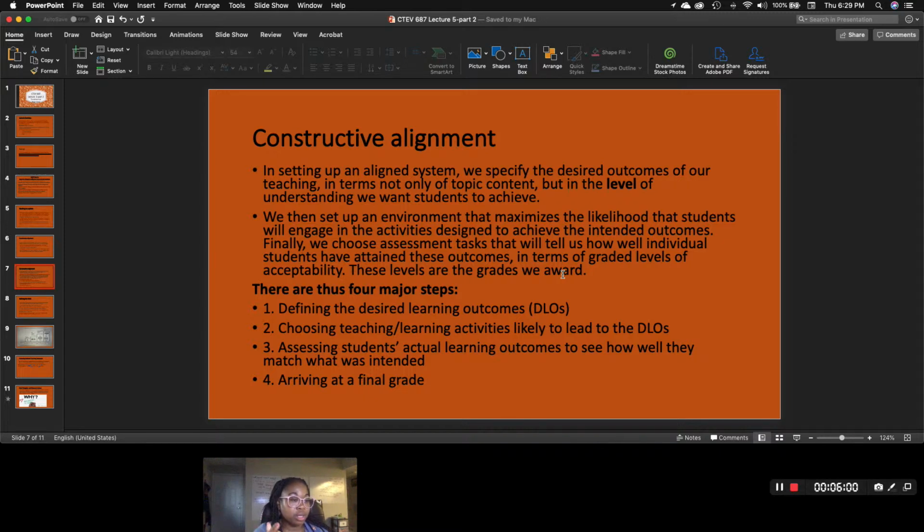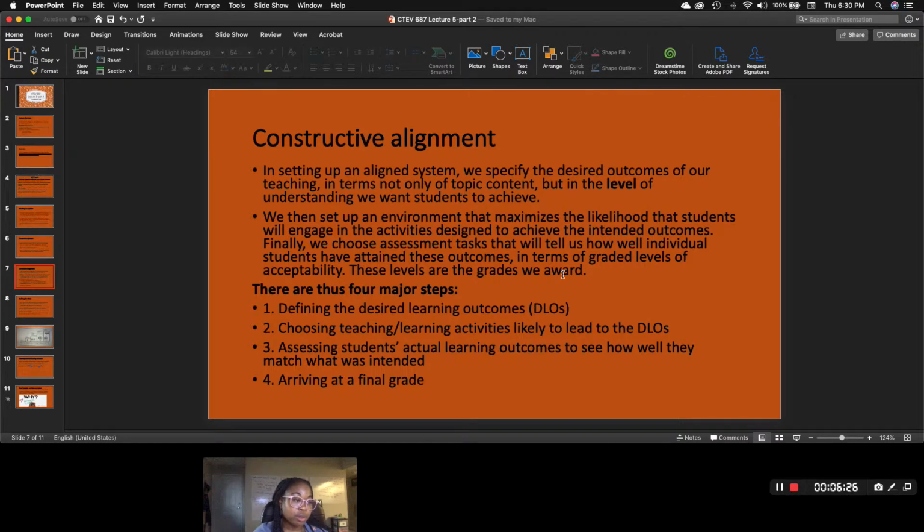And there should be an alignment in a way that defines the learning outcomes. You can understand and choose the teaching and learning activities likely to lead to those desired learning outcomes. And then you are able to know what you're assessing in regards to what students are actually learning, and then match that with what was the intention.